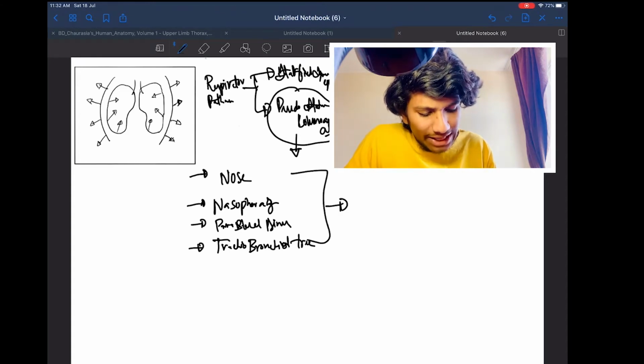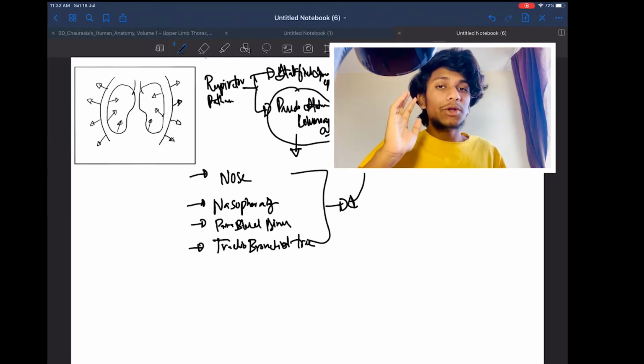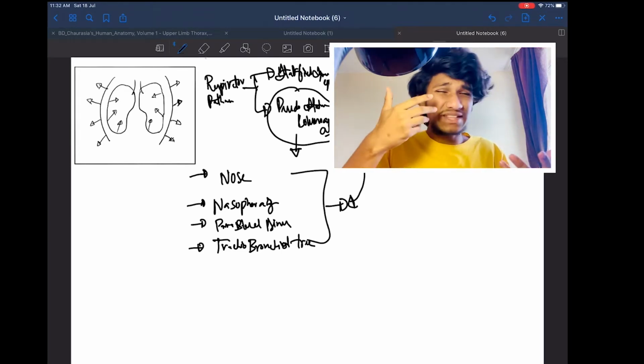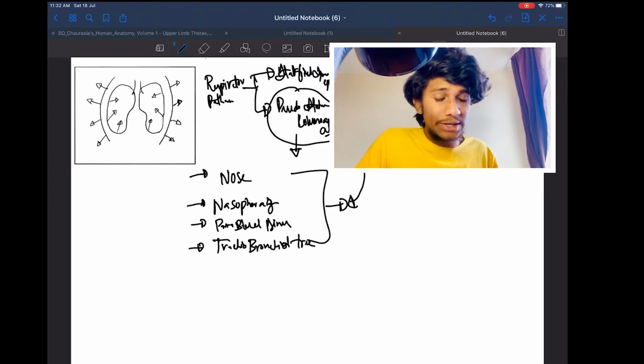So these are lined by pseudo-stratified columnar epithelium, and stratified squamous epithelium is lined by the larynx, oropharynx, and also we have the vocal cords. Everything is lined by the stratified squamous epithelium.